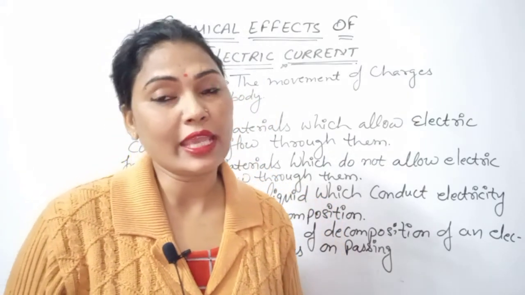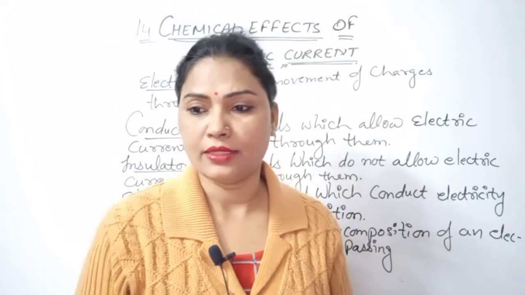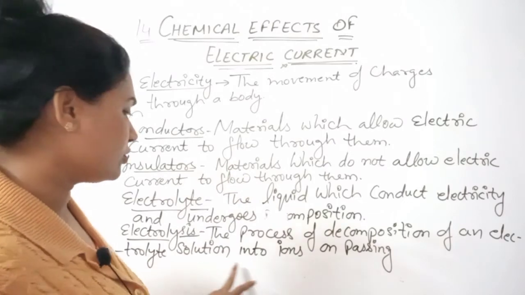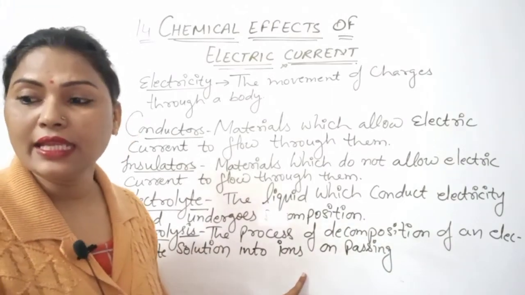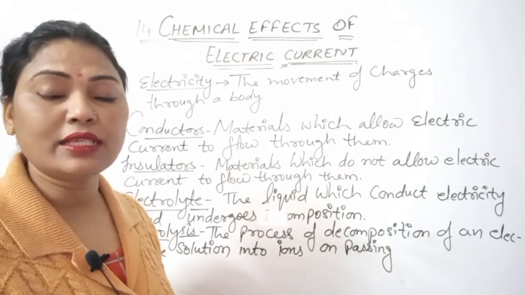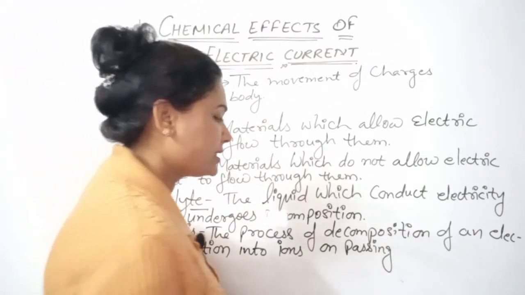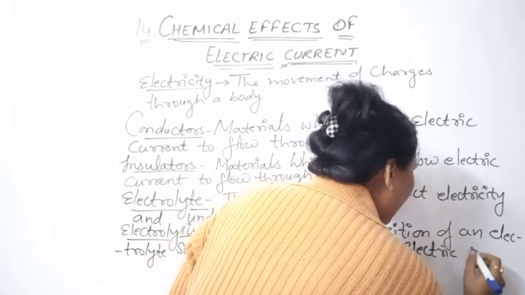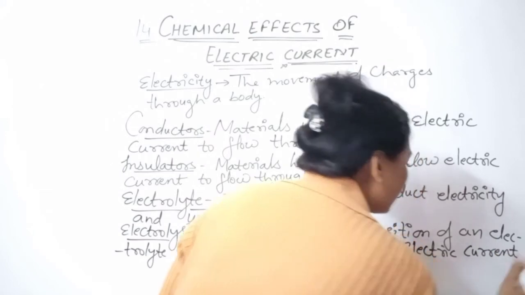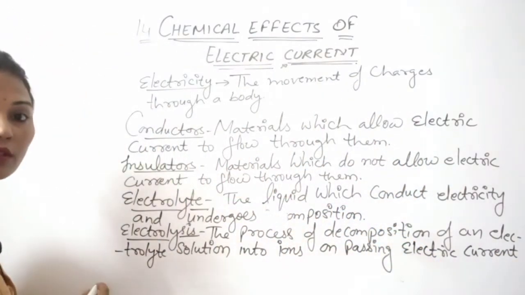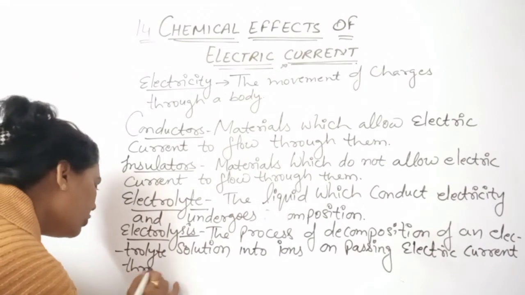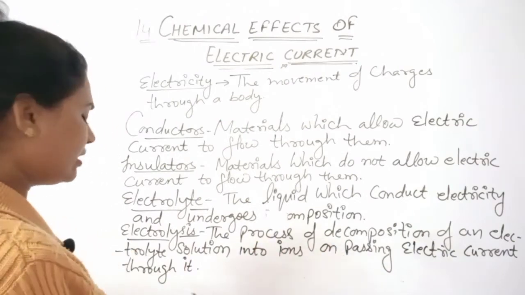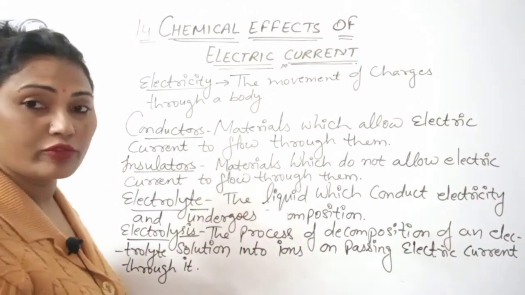One or more electron they will gain or lose, so that are known as ions. ठीक है, so you can write that solution into ions on passing electric current through them या passing electricity through it. सो इलेक्ट्रोलाइसिस में डिकम्पोजिशन होगा, इलेक्ट्रोलाइटिक सोल्यूशन डिकम्पोज हो जाएगा.